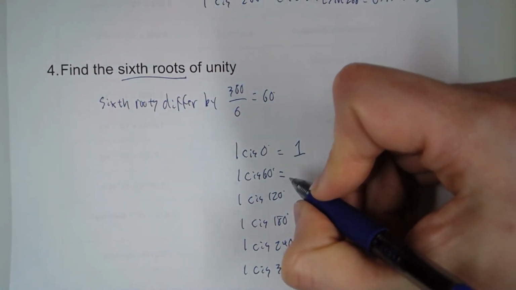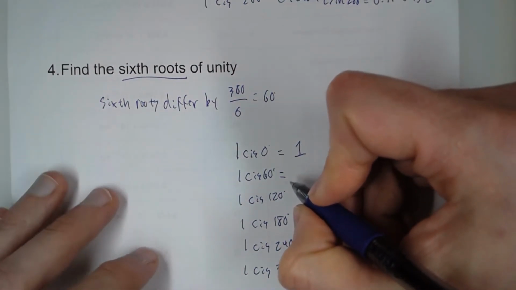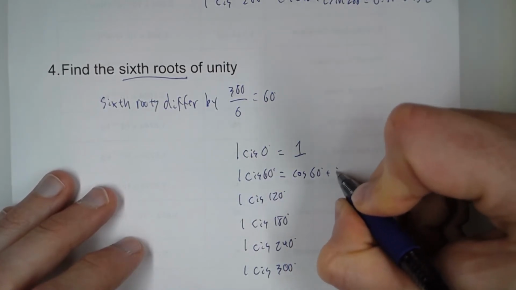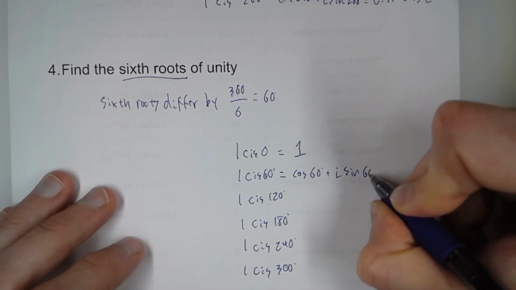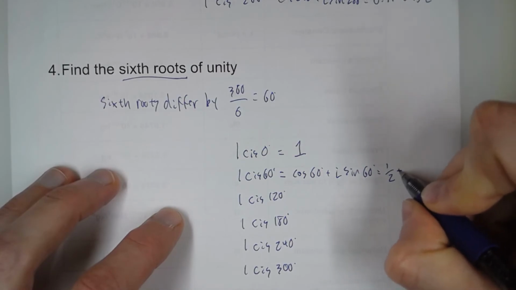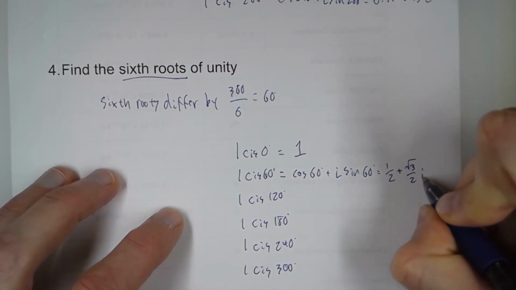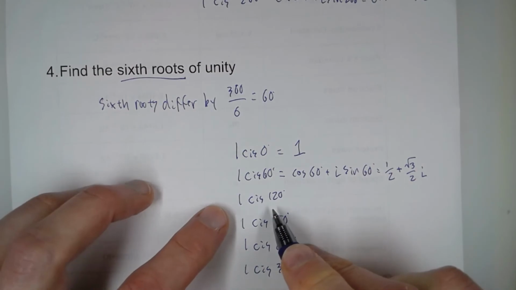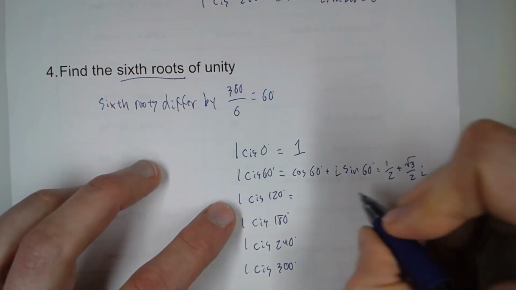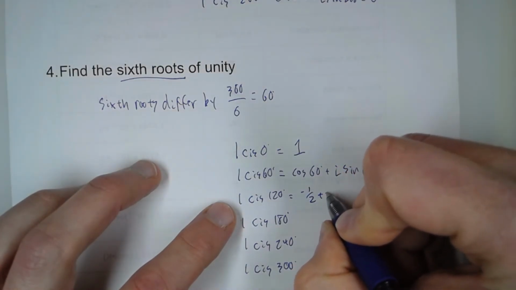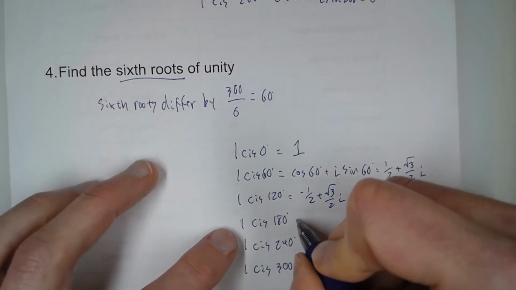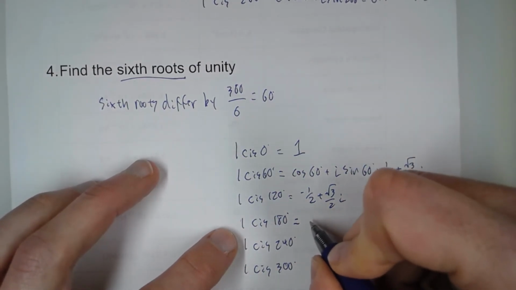So we know 1 CIS 0 is positive 1. 1 CIS 60 is cosine of 60 degrees plus i sine 60 degrees. Cosine of 60 is 1/2. Sine of 60 is square root of 3 over 2. 1 CIS 120, well, we did that on the first page, that first example: negative 1/2 plus square root of 3 over 2 i. 1 CIS 180, we did that on the second example on the first page.